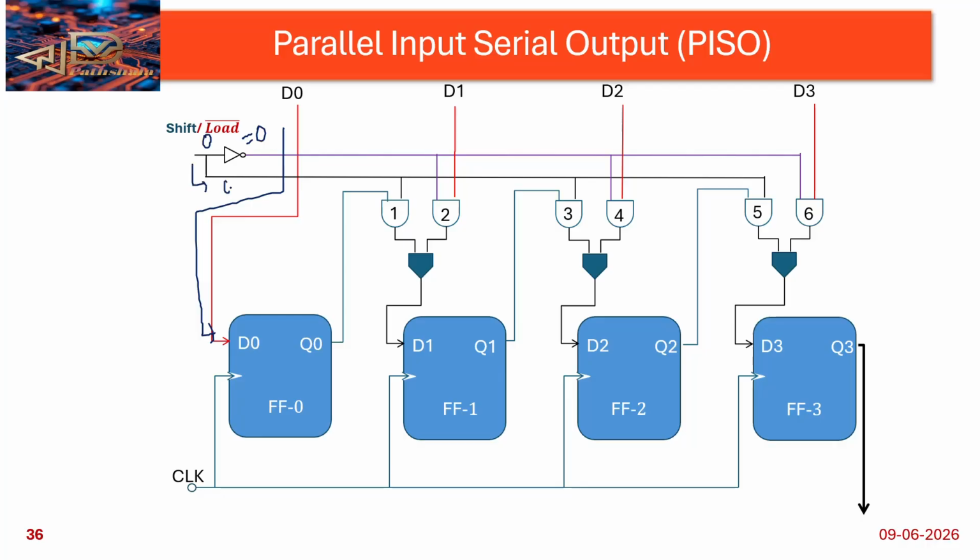Then 0 is passing by this line, and 1 is passing by this line. Okay, so wherever you are connecting this one and this line, again this line is connected, this line is connected, and this one is connected to 0. So this is also 0, this is also 0, sorry, this is 1, right?